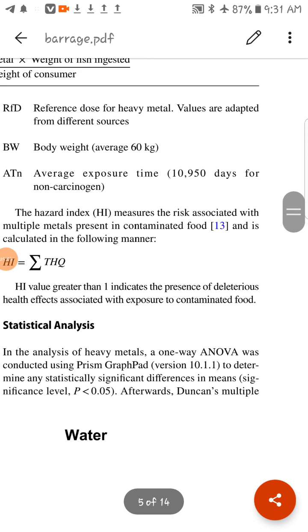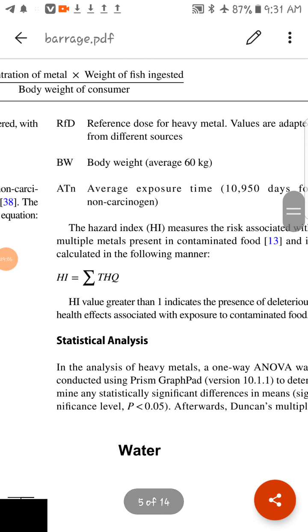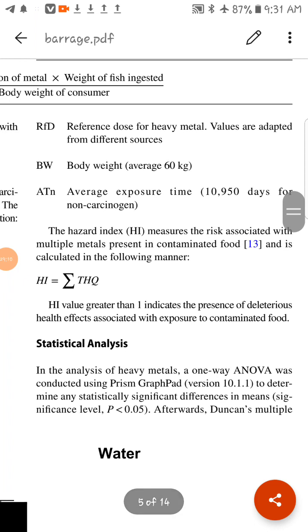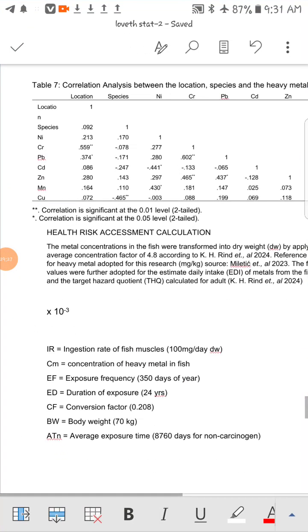Hazard index measures the risk associated with multiple metals present in a contaminated food, and is calculated as follows. Hazard index is calculated by summation of the total of the target hazard quotients.